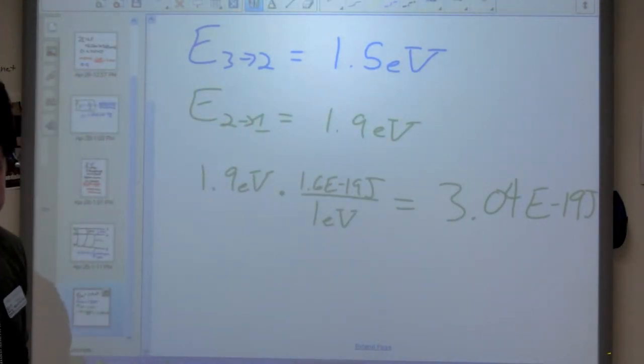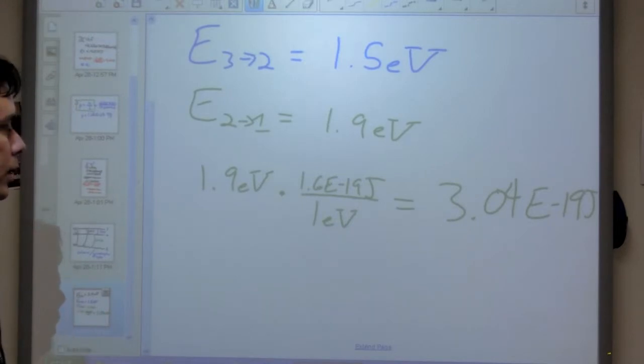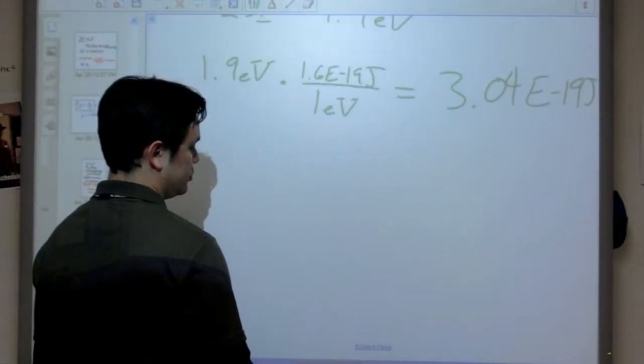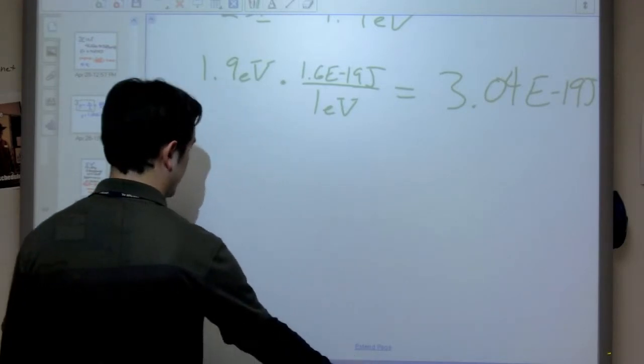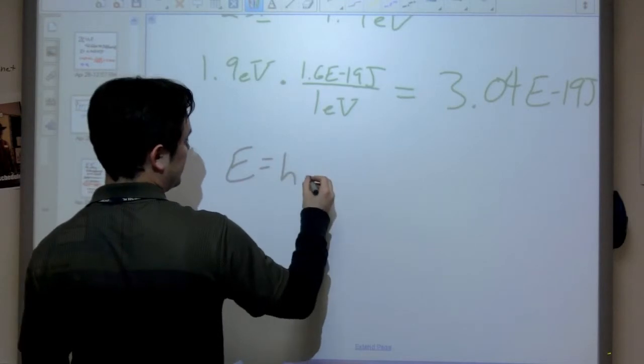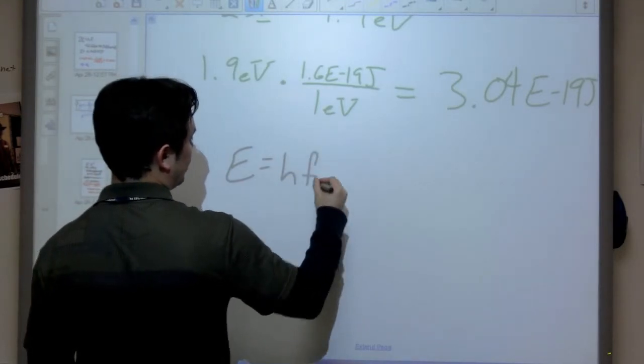Okay? But I want to find wavelength. I want to find the actual colors that I get out of this. So I've got my total energy. What equations do I have for energy? What can I do with this energy? Well, the main equation that we have is energy equals Planck's constant times frequency.